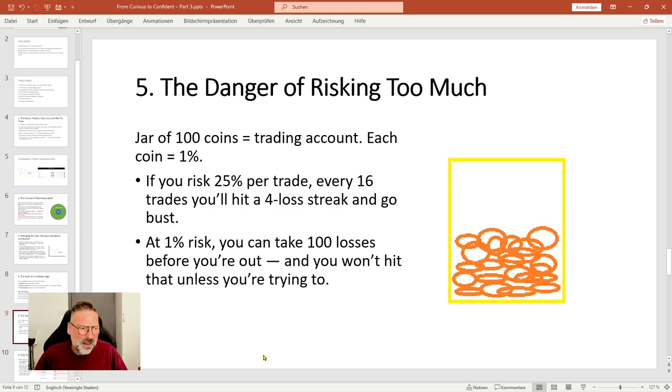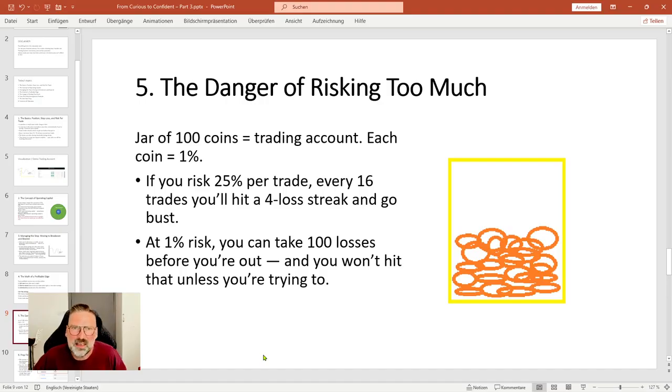So, now here's the thing. If you say you want to risk 25%, yeah, you will go bankrupt. Because statistically, in a system with a 50% win rate, every 16 trades you will hit 4 losers in a row. I repeat, every 16 trades you will get 4 losers in a row.